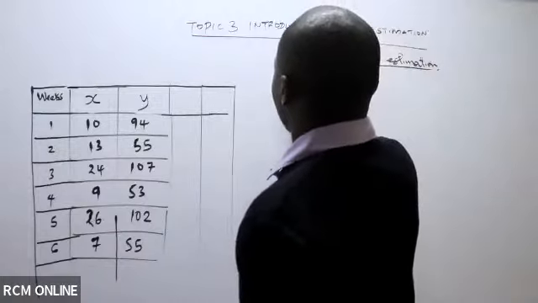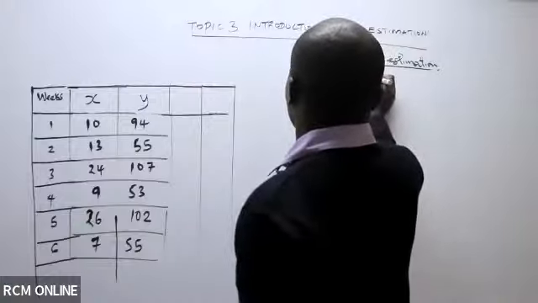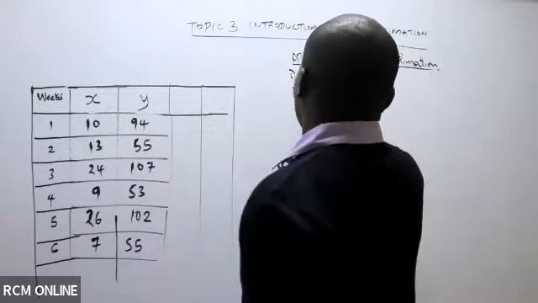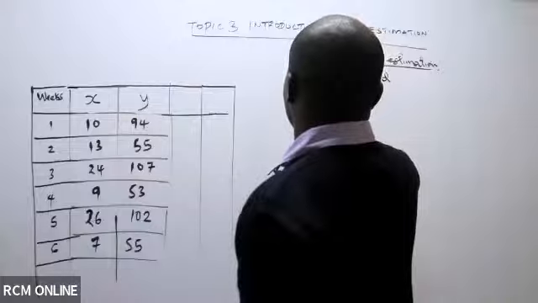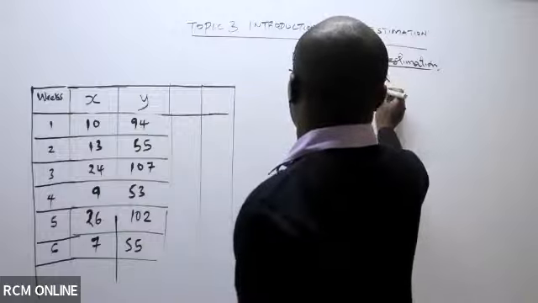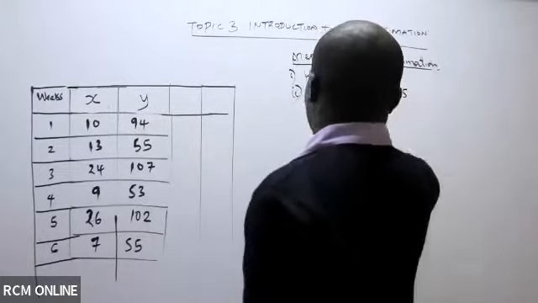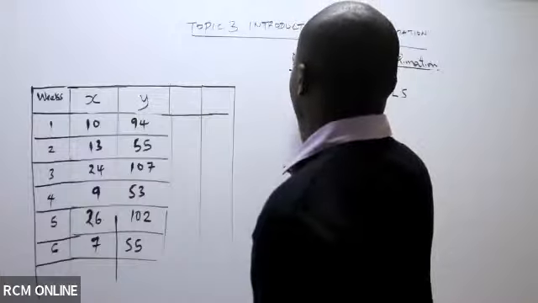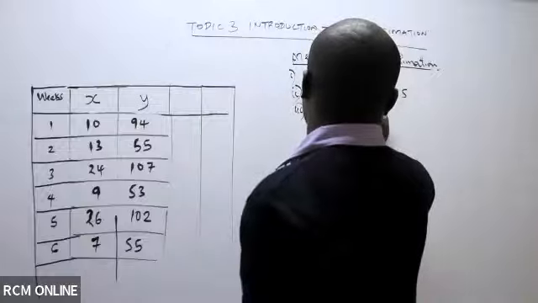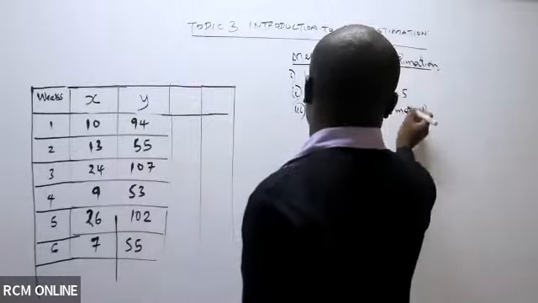So number 1, you'll be required to use the high-low method. Number 2, you are required to use what we call simple regression, or ordinary least square method. Number 3, we have account analysis method.